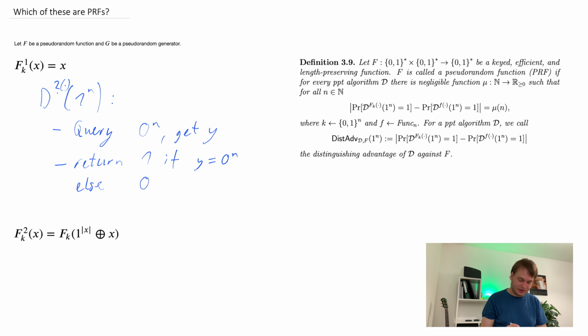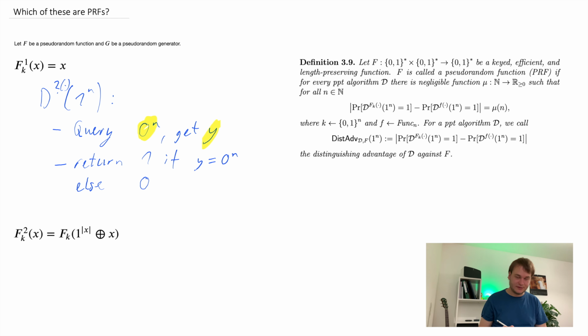The distinguisher will then query this function on 0^n, for any value, it doesn't actually matter. He will get some y as a result. And then he outputs 1 if this y is also equal to 0^n, the 0 bit string. Otherwise it will output 0.